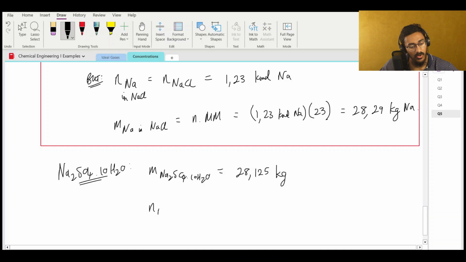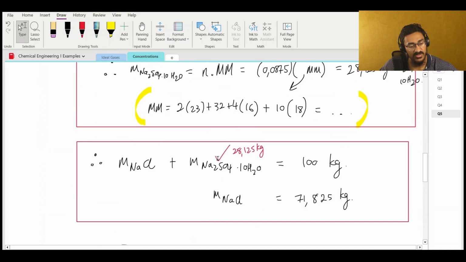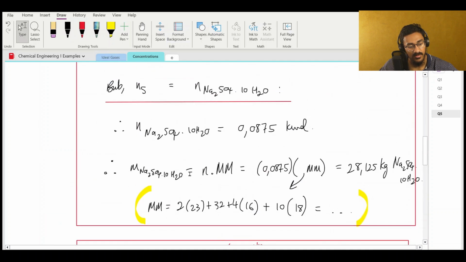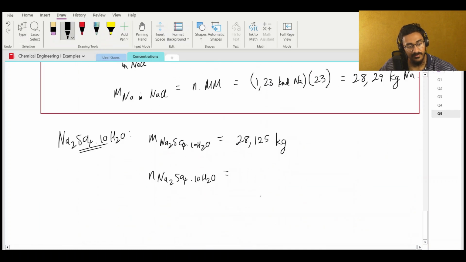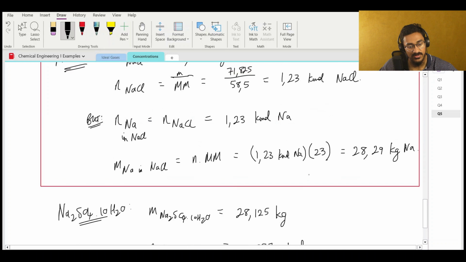So the number of moles of sodium sulfate, and I think I actually calculated that up here, if I'm not mistaken, it's 0.0875 kilomoles.